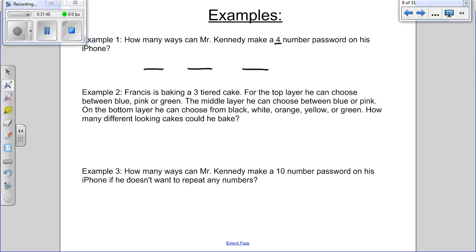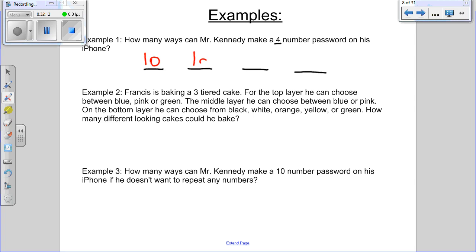How many numbers could go in the first spot? I have 10 options: 0, and then 1, 2, 3, 4, 5, 6, 7, 8, 9. So there's 10 different options that could go there. How many options could go in the second one? 10, 10, 10. So if you want to figure out the total number of combinations, you multiply those together.